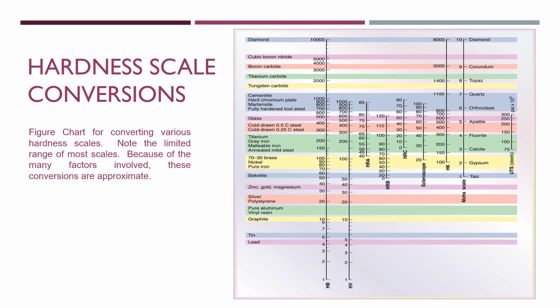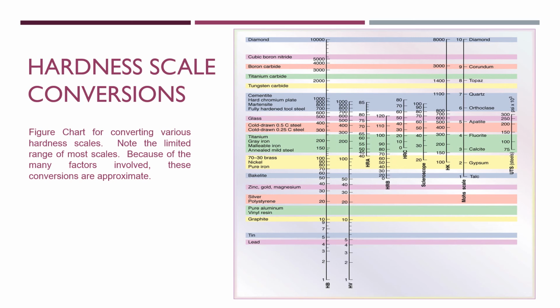What happens if you have only one type of tester, but unfortunately you want the standard or the unit at a different hardness tester? So we use the hardness conversion scale.